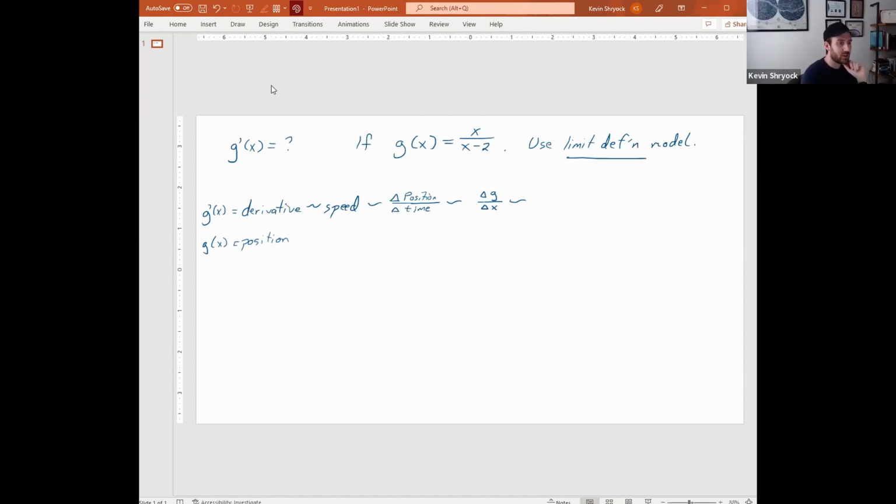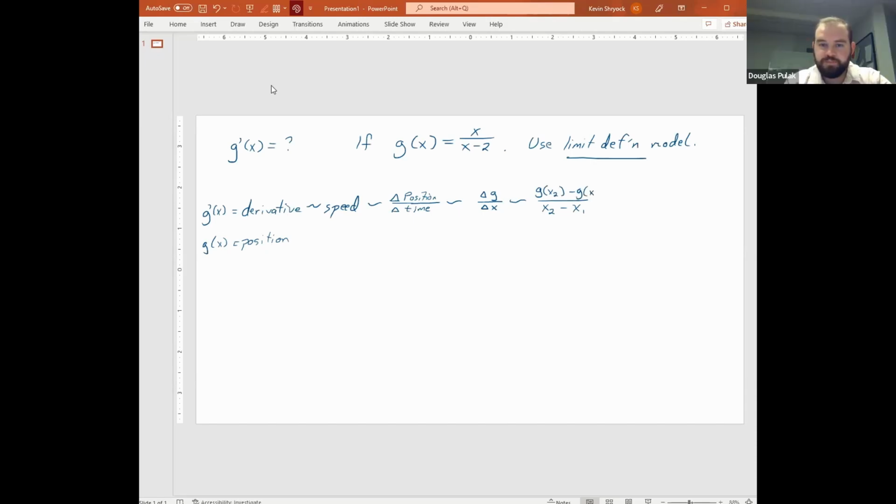So we're looking at 2 different times. Maybe we could write that like time 2 versus time 1. And we're looking at what's my position at that time versus my position at the other time. Correct. Fantastic.